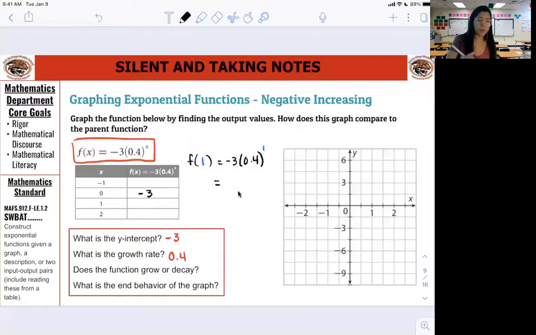Okay, because it was a 2 before. All right, so now 0.4 to the power of 1 is 0.4. What's -3 times 0.4? -0.12. You got it. Good.